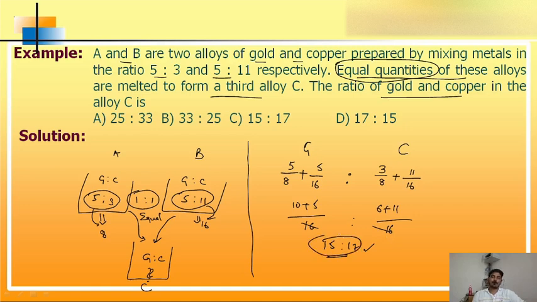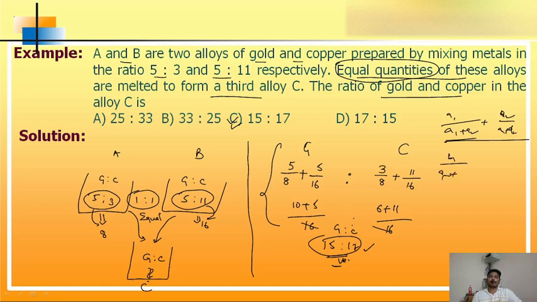So this is the quantity of gold and copper present in the new vessel C, which is presented in option C. In the last session we discussed a formula approach: a1 divided by a1 plus a2, a2 divided by a1 plus a2, b1 divided by a1 plus b1, and b2 divided by a2 plus b2.